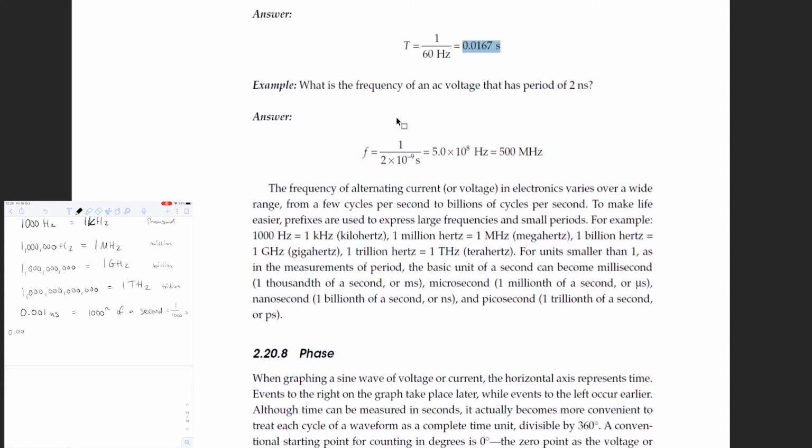So how would I do this? 0.00, and then 3 more zeros, 1. So 5 zeros, right? Yep. And then so what would that be? Oh, this wouldn't be milliseconds, this would be seconds. And this is seconds as well. And that gives you 1 millionth of a second, or it's 1 second divided by a million, right?